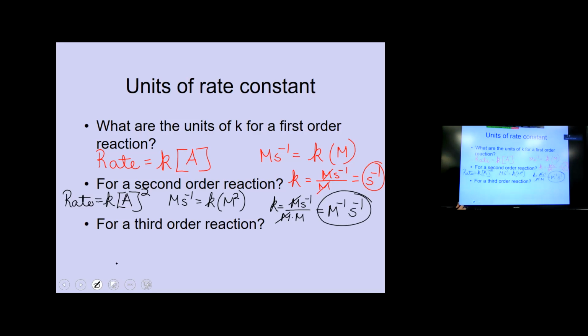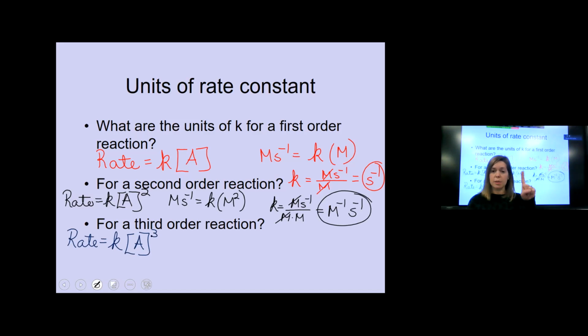All right, third order reaction would be rate is equal to K times A cubed, or it could be times concentration of A times B times C. Either way, it's going to be concentration times concentration times concentration. So if we're using molarity, it would be molarity cubed.